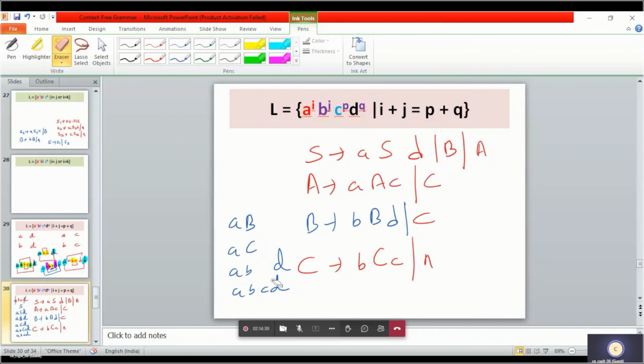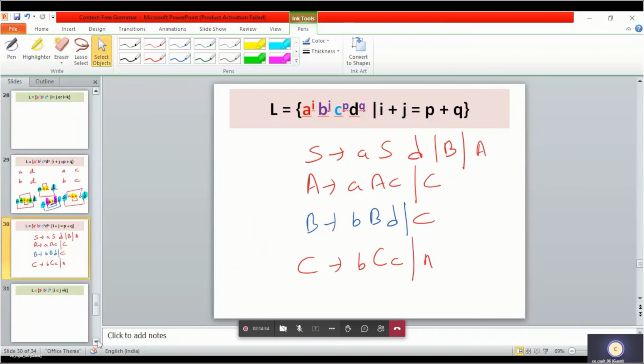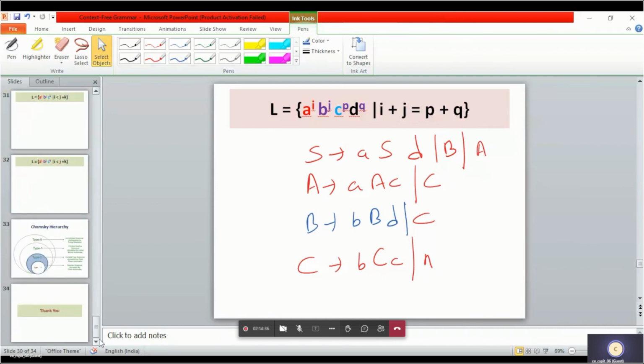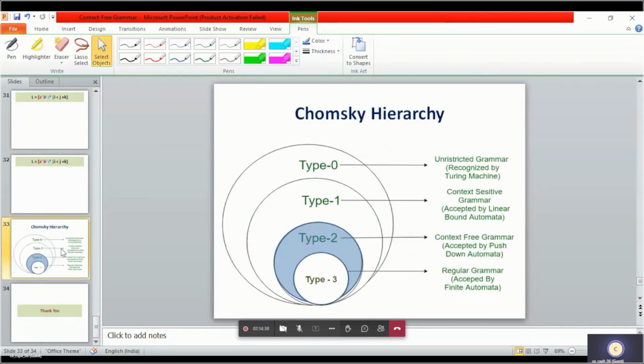Now this context-free grammar generation is a process where there is no end. It is an endless process. There are so many different variations and so many examples. So we have to put some limit over it, that when to stop, because it is an infinite process.